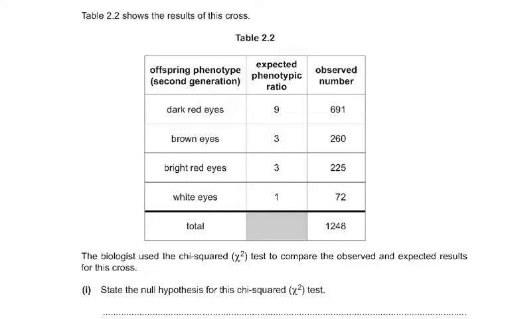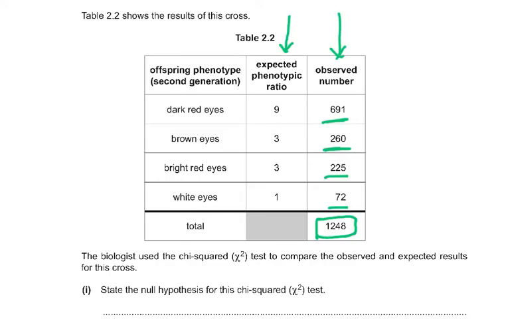Brown eyes: ratio 3, number 260. So this is the observed number. Remember, it's O and E. Bright red eyes: 225, and white eyes: 73. So it is roughly a 9:3:3:1 ratio, and the total was 1248. They're giving you the expected phenotype ratio, and this is the observed number.